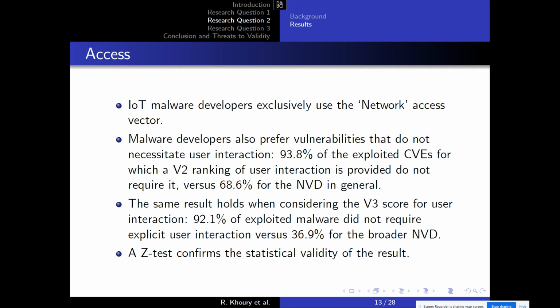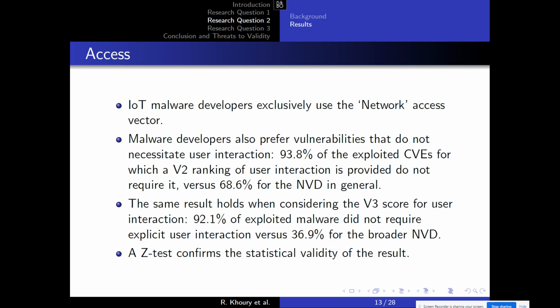Okay, so what did we find about the vulnerabilities that are exploited by IoT malware developers? The first thing is each entry in the CVE explains the attack vector for exploiting the vulnerability.